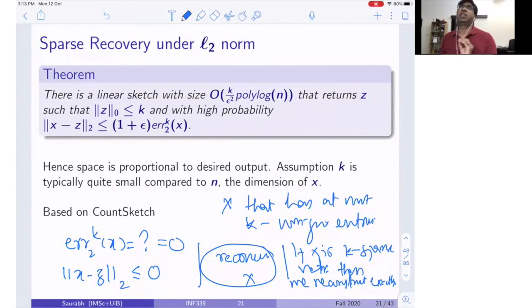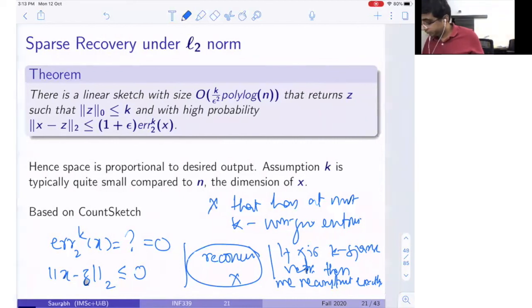We will see its application in streaming algorithms for vertex cover or matching, in the parameterized setting, as we go further. So it's a very powerful data structure, and it is based on count sketch.